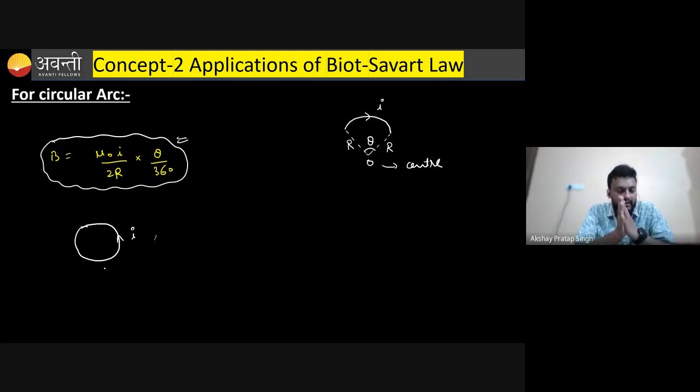Now, just take your right hand and put it in the same plane as the loop. And do whatever, but listen to my second step. Try to curl your fingers in the direction of current. In this particular diagram, the current is moving in the anti-clockwise direction.